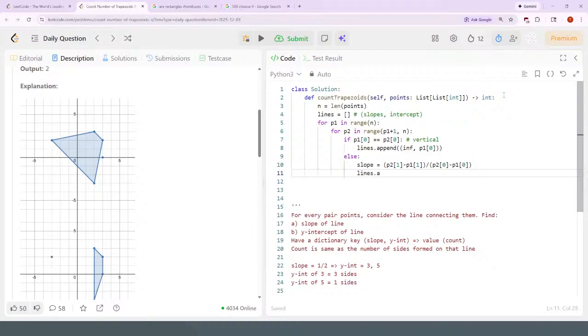And then for lines, find the y-coordinate.